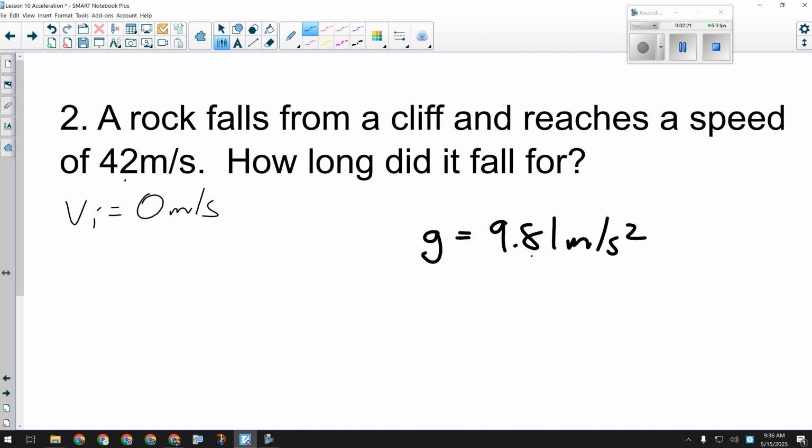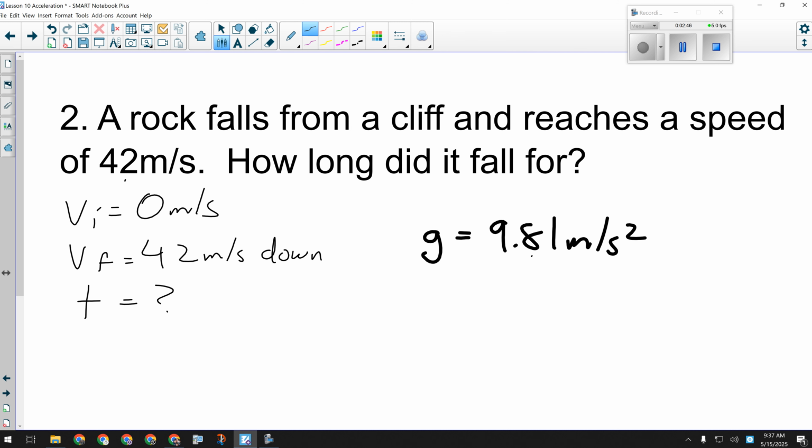So I've got Vi, and I've got Vf, 42 meters per second, down. It never says that in the question explicitly, but it is implied because that's generally the direction things go when you drop them. Now it says speed there, but obviously if something is falling, it's also down. How long did it fall for?